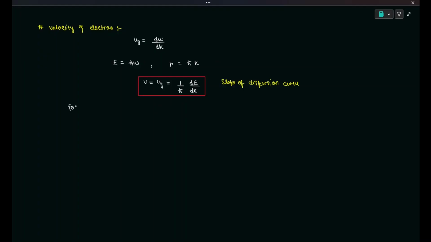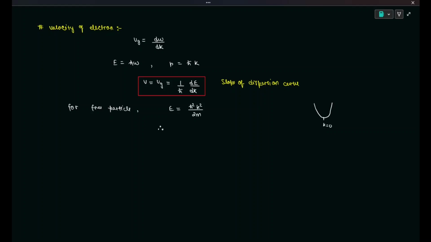Now for a free particle, we have seen from the free electron theory that the energy was equal to ħ²k² divided by 2m, and the dispersion relation forms a parabola like this, which is centered at k equal to 0. So the slope of this parabola will give you the proportionality with velocity.